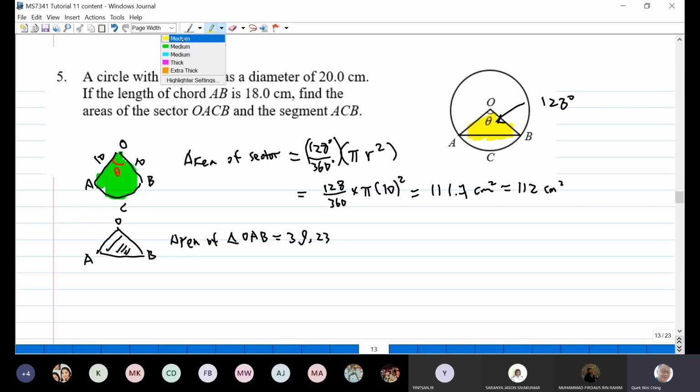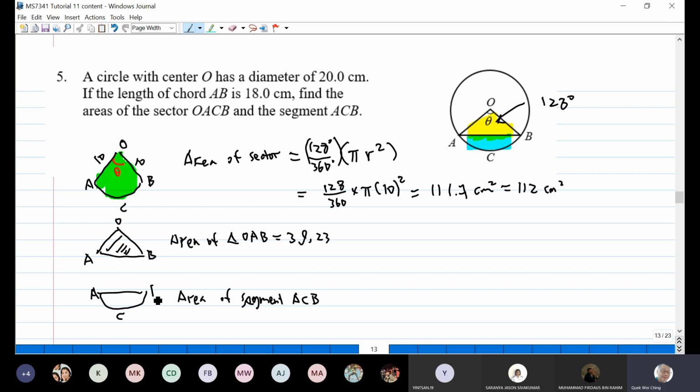Right, so the sector is the area below. After you subtract this, so area of sector, no, this is the segment. So this is the area of segment ACB. Basically this portion A, C, B. I use a blue color one. And what is this equal to?